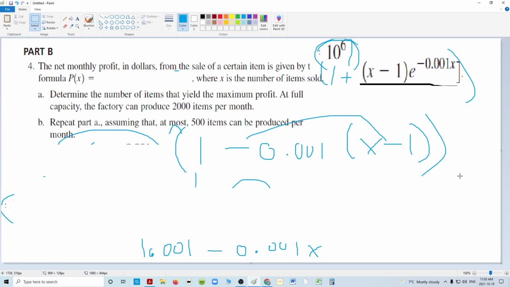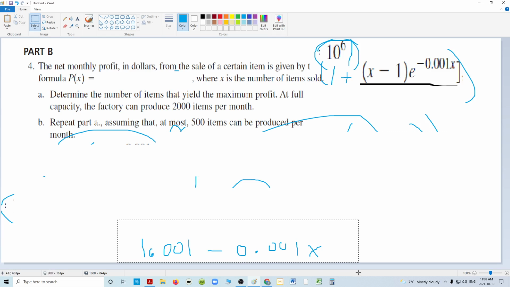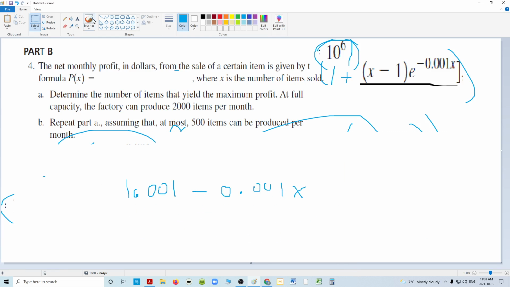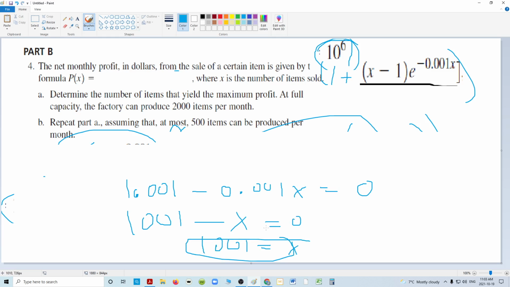When does that equal 0 is the question. We can just multiply everything by 1,000, so you still get 0 on the right side. Over here you get 1,001 minus x is equal to 0. So it's when x is equal to 1,001. I think, if I did the calculations right. If I didn't do the calculations right, that process is correct.